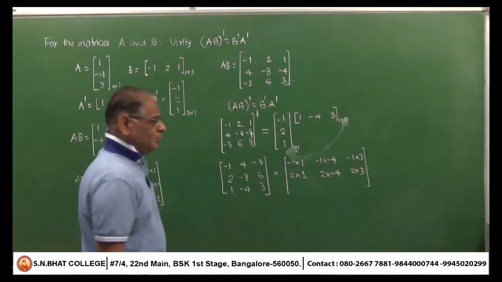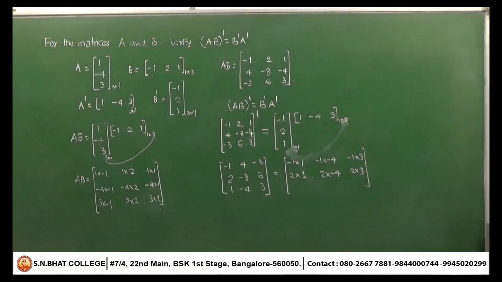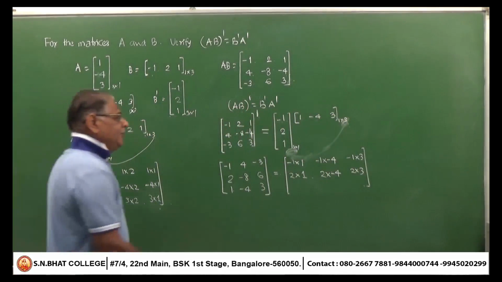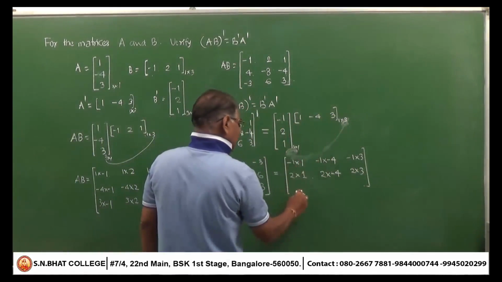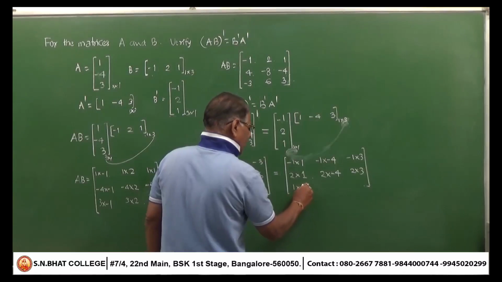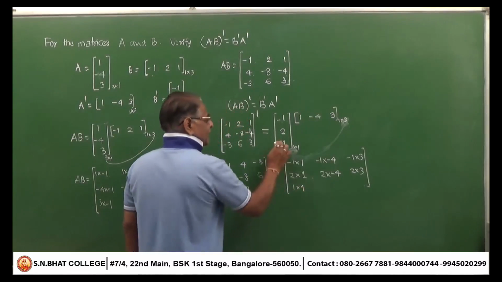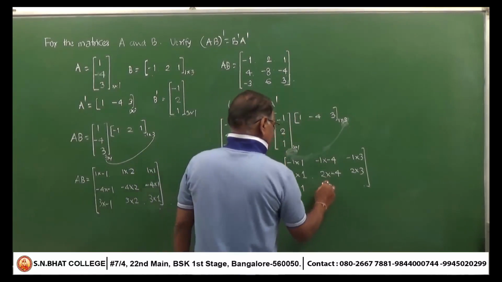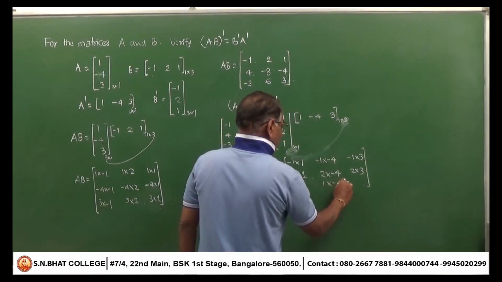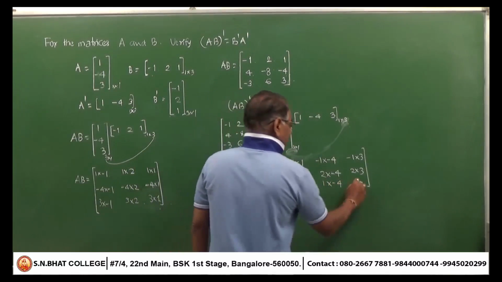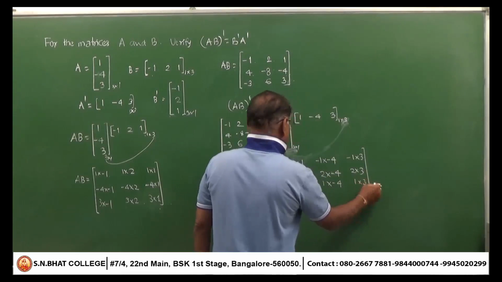Second row with all the 3 columns. Next, third row with all the 3 columns. 1 into 1 over. Third row, first column multiplication got over. Next, 1 into minus 4. Next, 1 into 3.